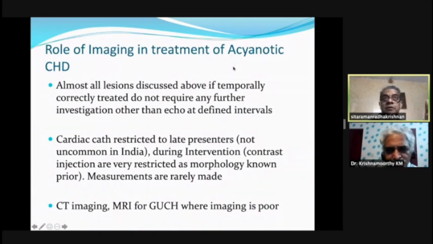A few operators in borderline situations, for example, if the pulmonary vascular resistance is between 6 to 8, would say, okay, I will close this defect, but I will use a fenestrated device in order to have a small persistent hole which can provide a pop-off, so to speak. Even if the pulmonary vascular resistance doesn't fall after closure, let the ASD be present, although in a much smaller size, and let it continue.